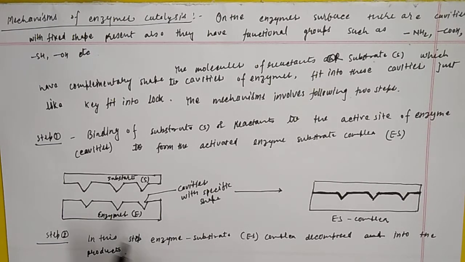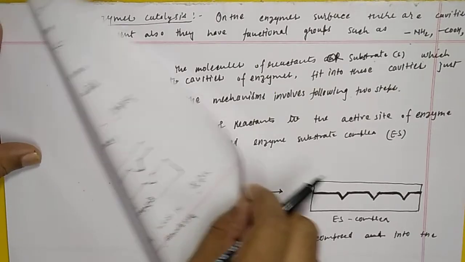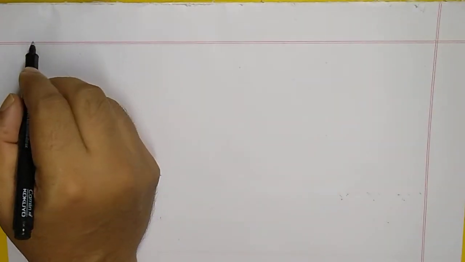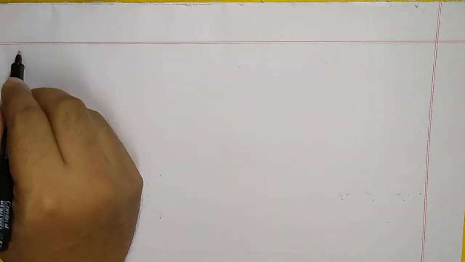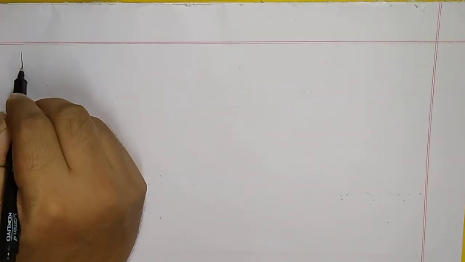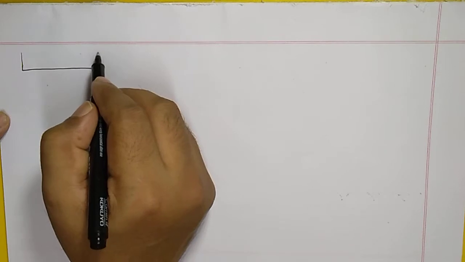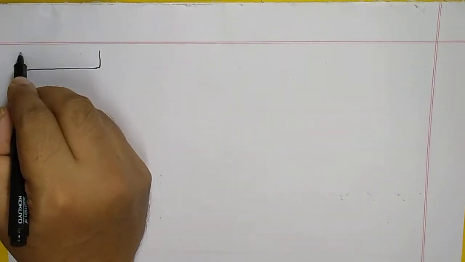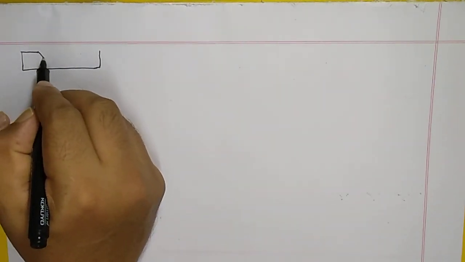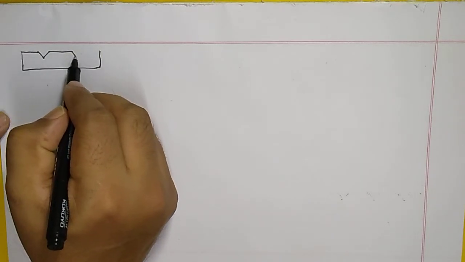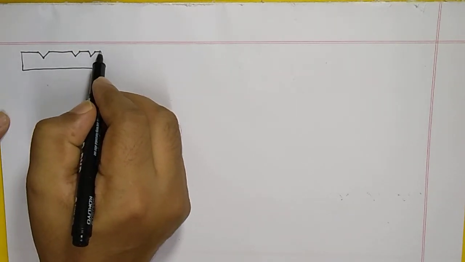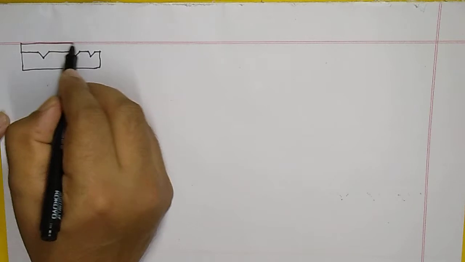Let us see diagrammatically how we can explain the decomposition of the enzyme substrate complex. Earlier we had the ES complex. Firstly I am drawing the ES complex, then only will I be able to draw the next one.